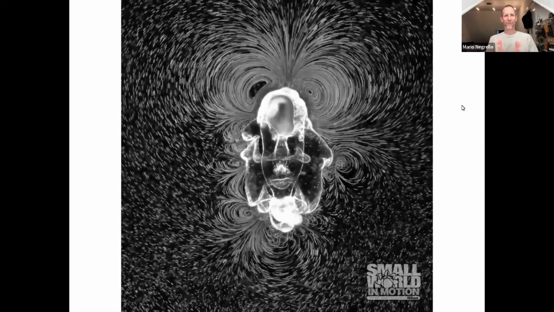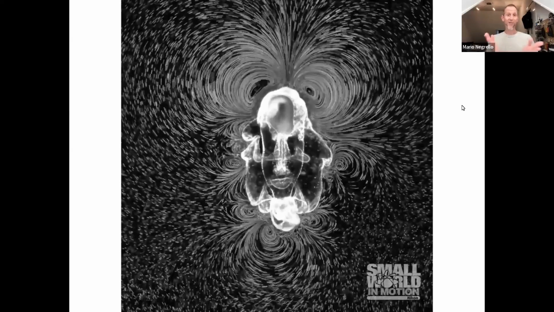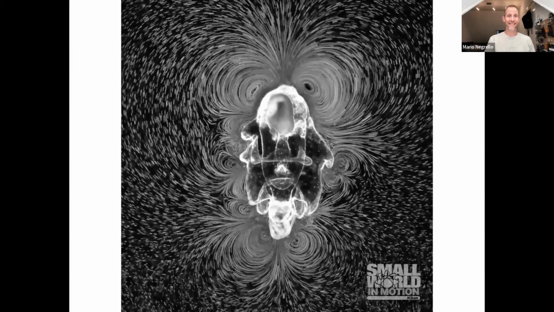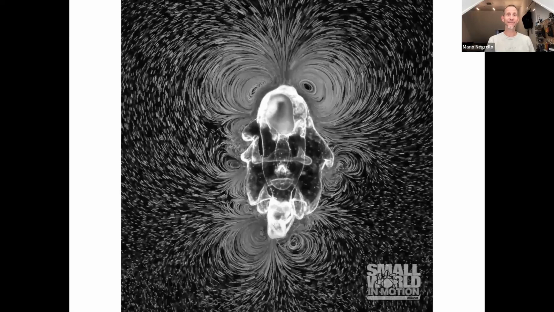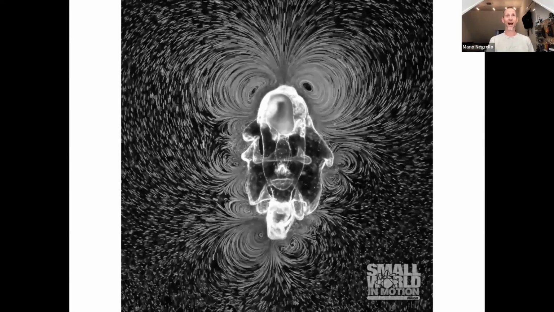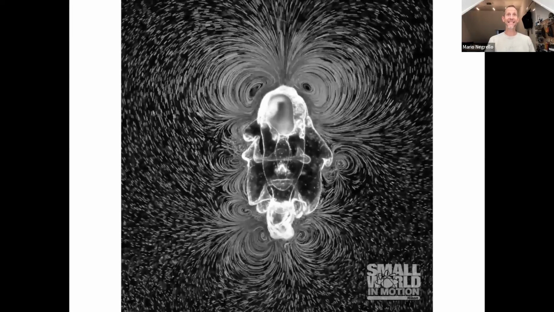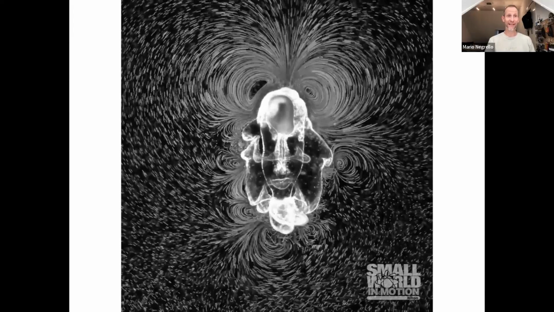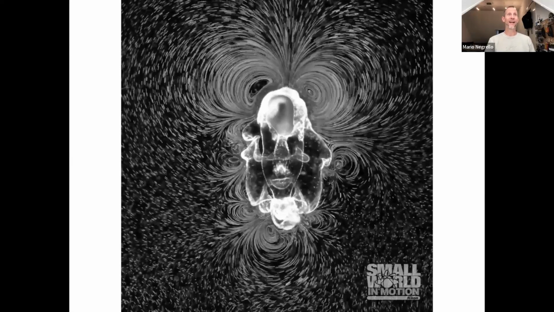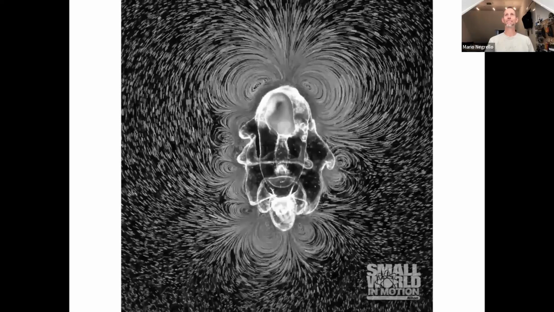So what do you think you're looking at? We see the feeding currents of the Patiria miniata, the starfish larvae. And this looks beautifully, I think you notice, like a vector field, right?